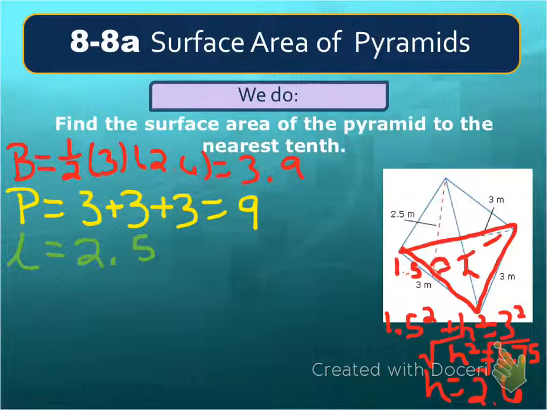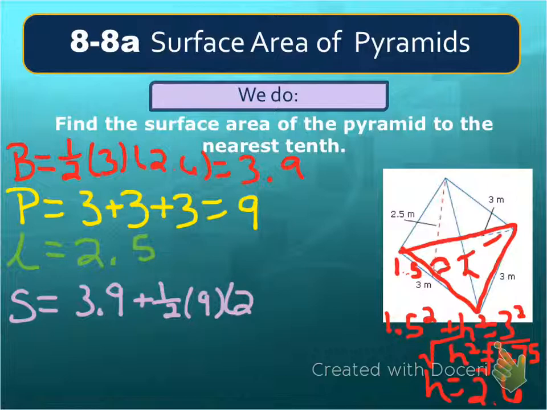So if we put all this together into our formula, you're going to get the area of the base, which is 3.9, plus 1/2 the perimeter, which is 9, times this lateral height, which is 2.5.